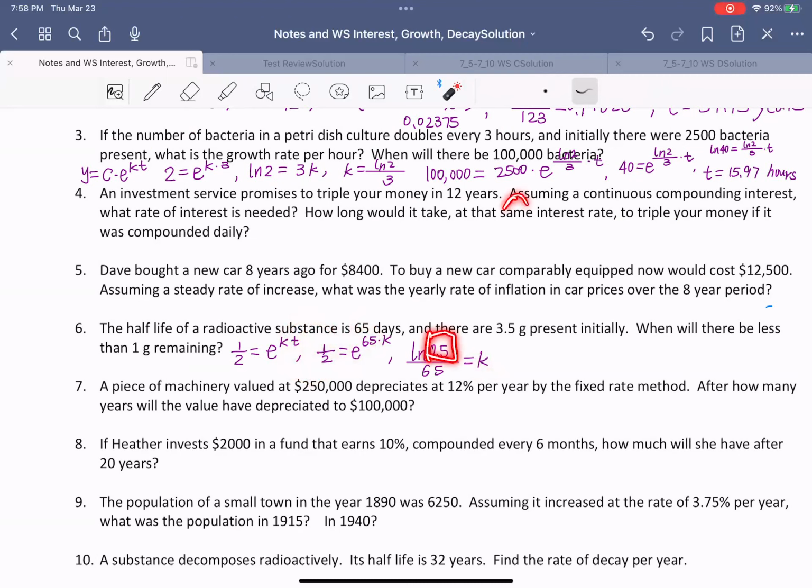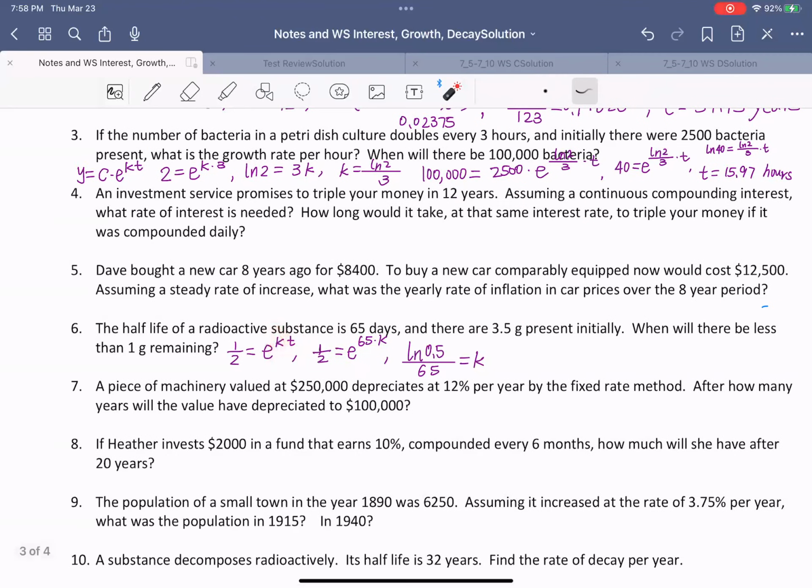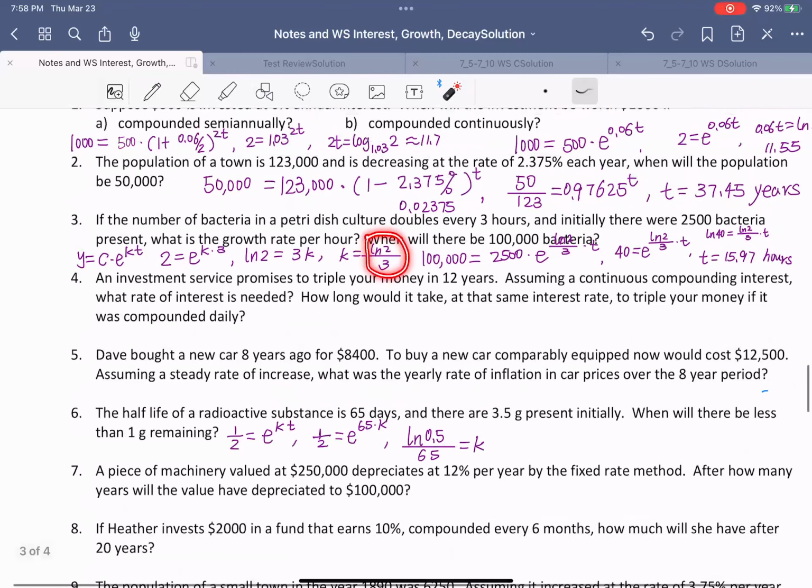When we draw the ln, when it's 1, it's 0. ln of 1 is 0. If it's greater than 1, it's positive. If it's less than 1, it's negative. So this one is negative. When k is negative, it is decay. When k is positive, it is growth.